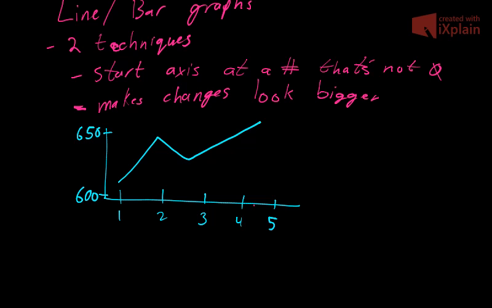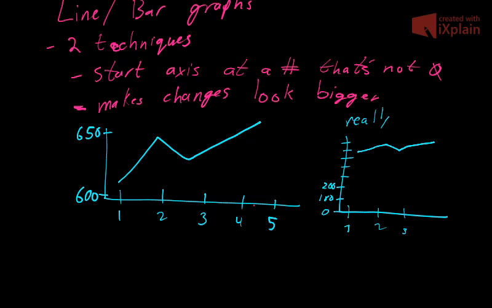It would really look more like this if I started at 0, 100, 200, 300, 400, 500, 600, 700, which doesn't really look like quite so much growth. So that's my first technique. It also works for bar graphs. You can just change what the start is.